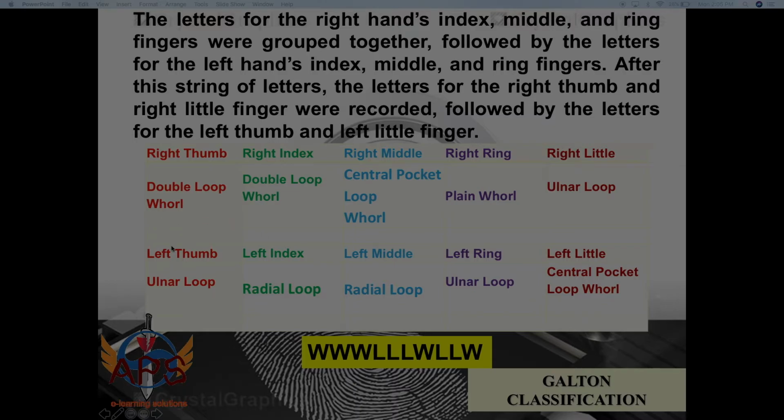Here, how did Galton come up with this code? Following the instruction here, you'll be able to follow how the Galton formula was derived. He started with the right hand followed by the left hand. The right hand will be represented by the index, middle, and ring, followed by the index, middle, and ring of the left.